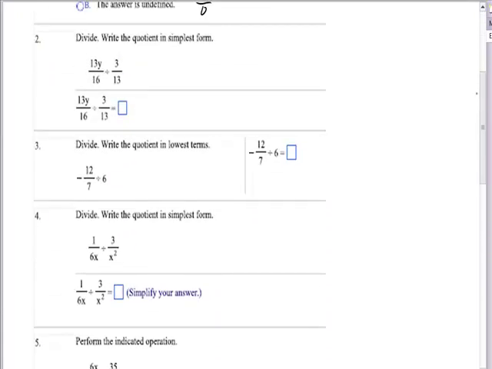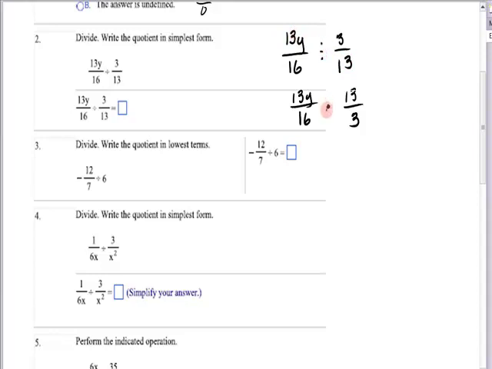Number 2. I have 13y over 16 divided by 3 over 13. So keep 13y over 16, change to multiplication, flip to 13 over 3. Now, it is tempting when it's in this format and you see the 13s on the diagonal, but you can't do anything because it's division.